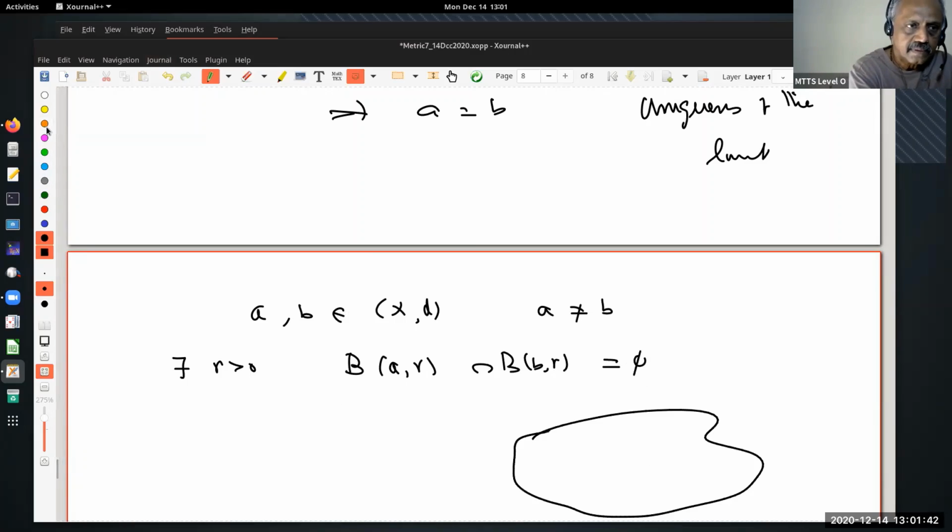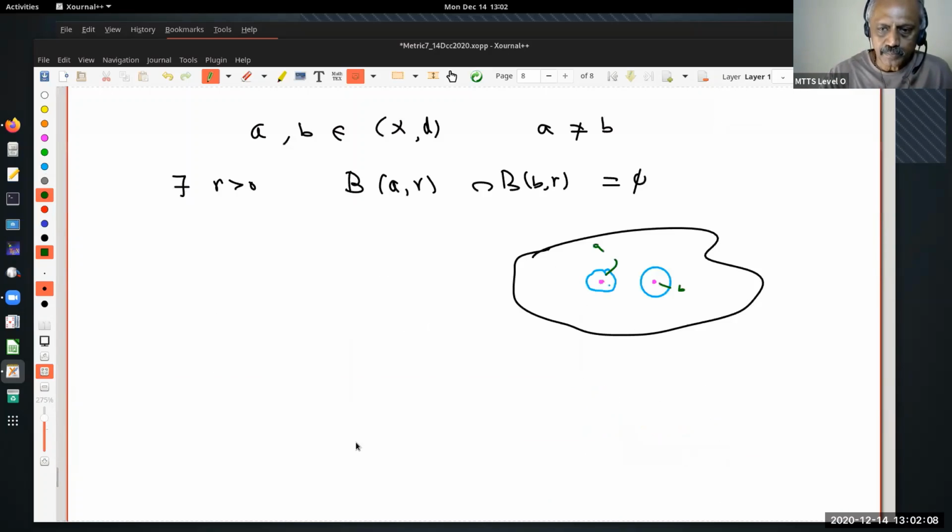I have two points, a and b. Then there exist open balls around them, supposed to be of the same radius. This is your a and this is your b. I can separate them by means of open balls, right? How do you prove that?